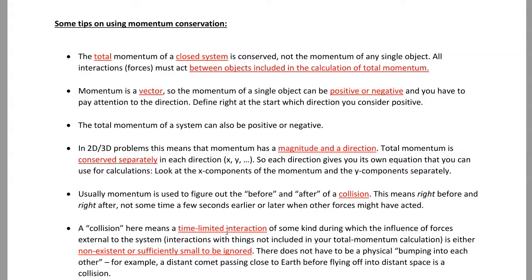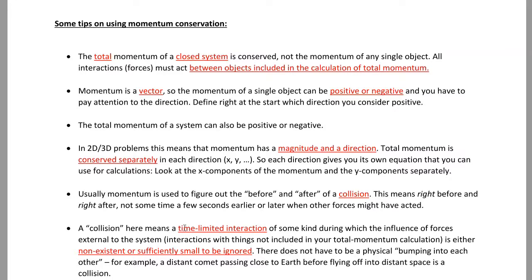It's the more formal way of saying it. It's some kind of interaction that lasts for a short amount of time, during which the influence of forces external to the system, say the air resistance I just mentioned, are irrelevant or just really non-existent.